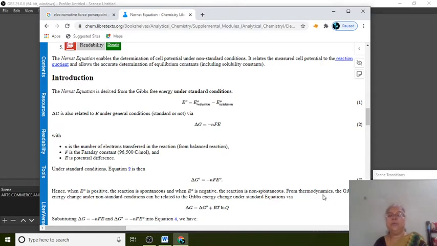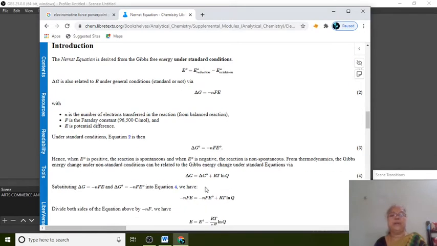From thermodynamics, the Gibbs energy change under non-standard conditions can be related to the Gibbs free energy change under standard conditions, and that equation is delta G equals delta G0 plus RT ln Q, where this Q is a reaction quotient.